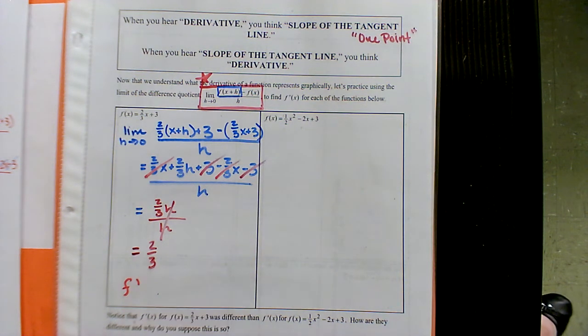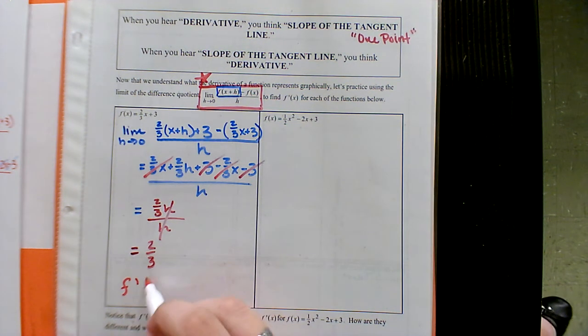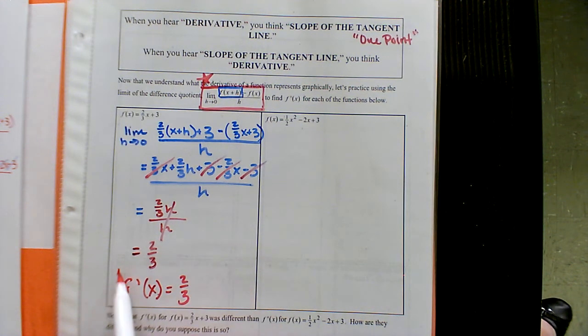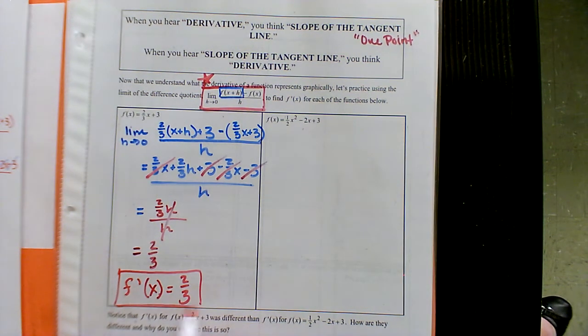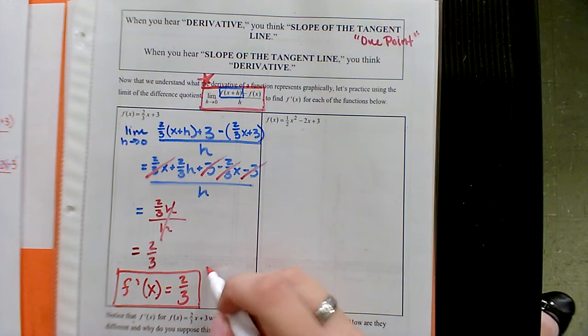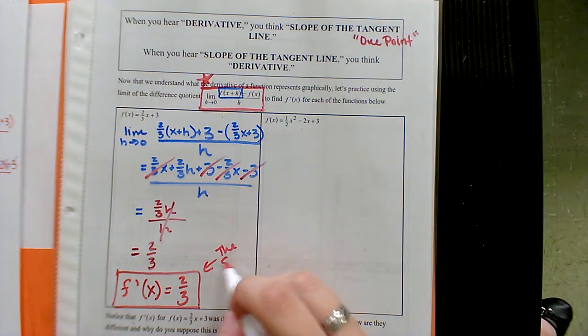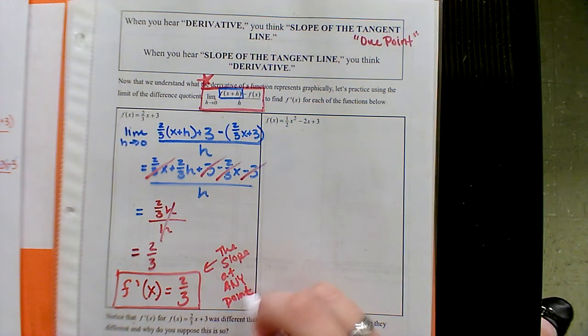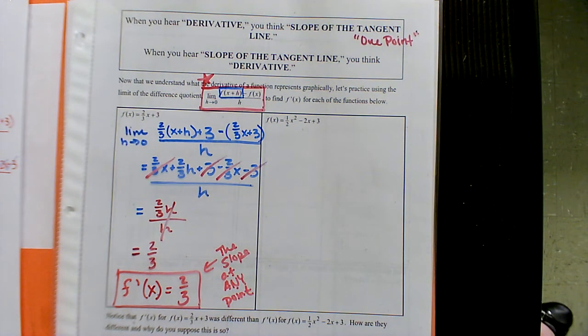F prime, okay, prime is a little apostrophe. So our derivative at any point, the slope at any point on this graph, is 2/3. That's our definition of a derivative.